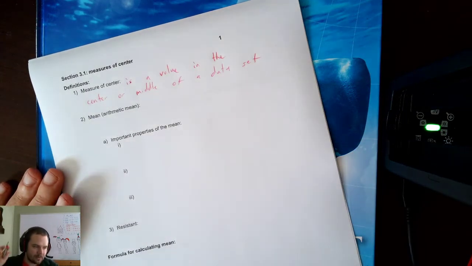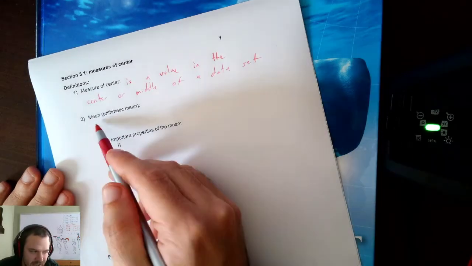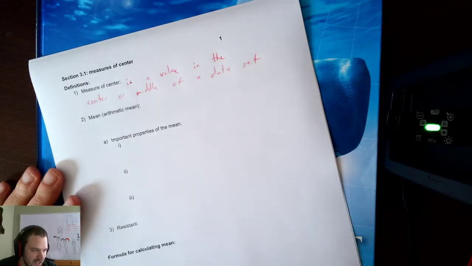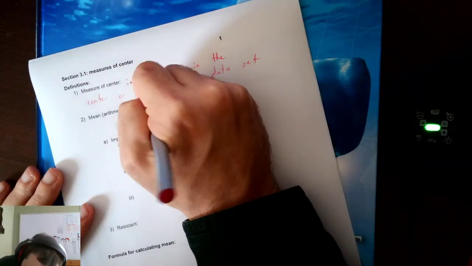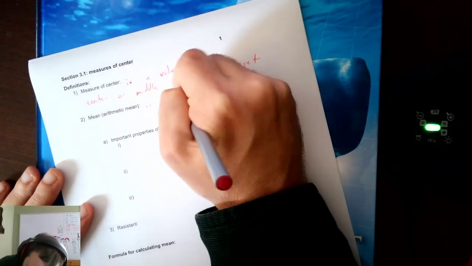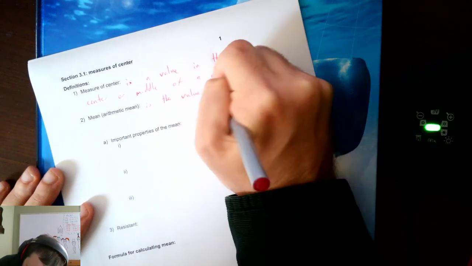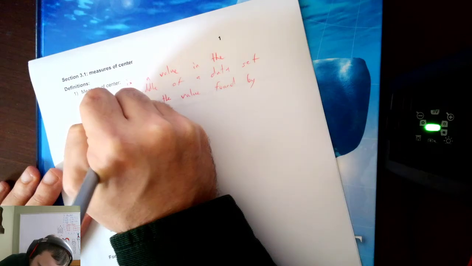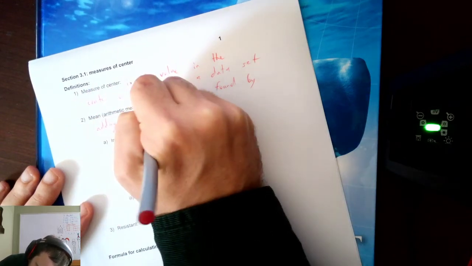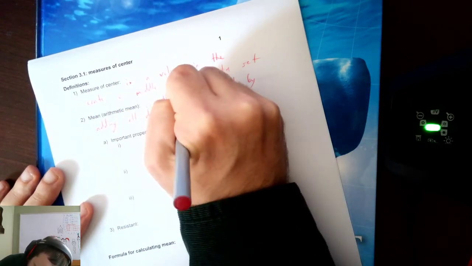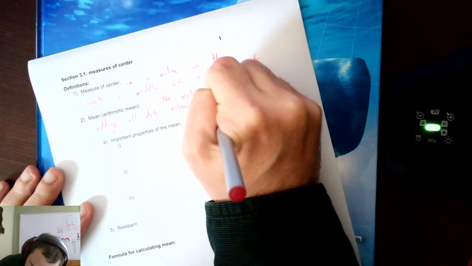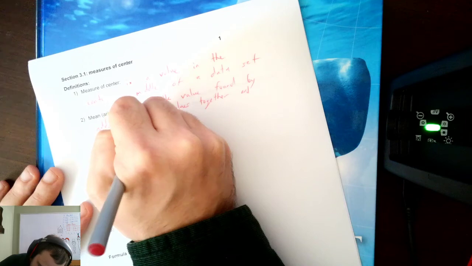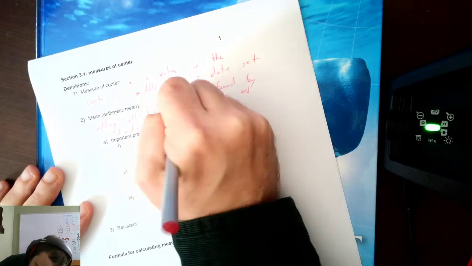The first one we're going to talk about is the mean, which we sometimes call the arithmetic mean. And the mean is the value found by adding all data values together and dividing by the size of the data set.